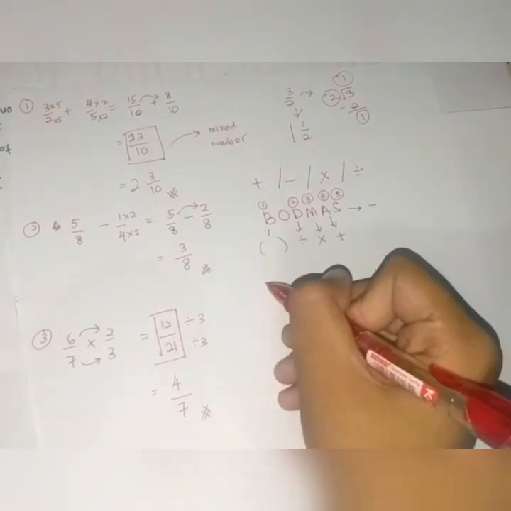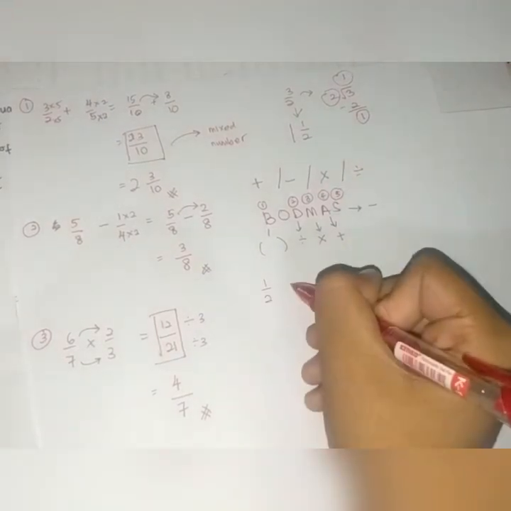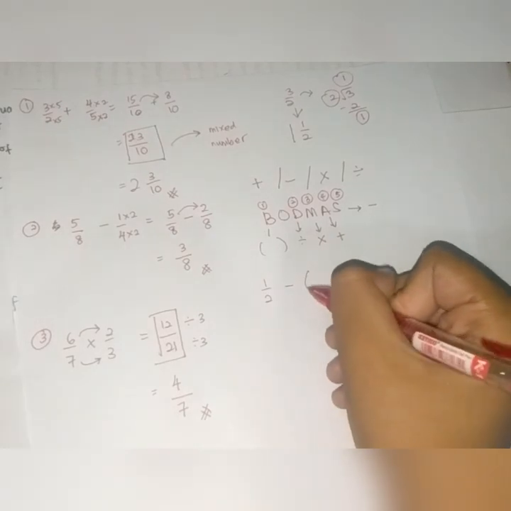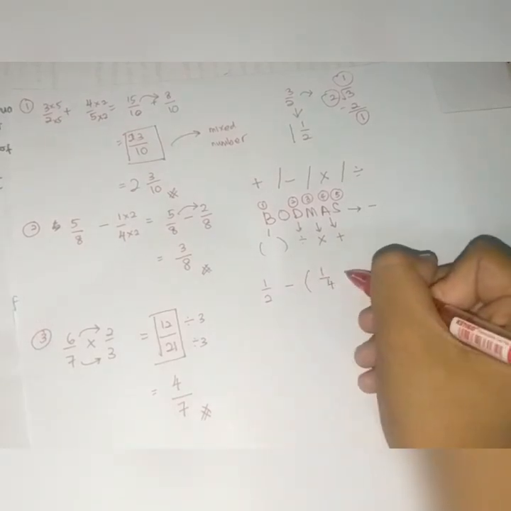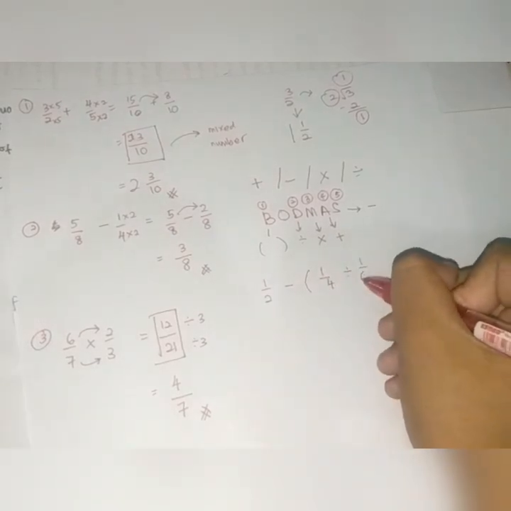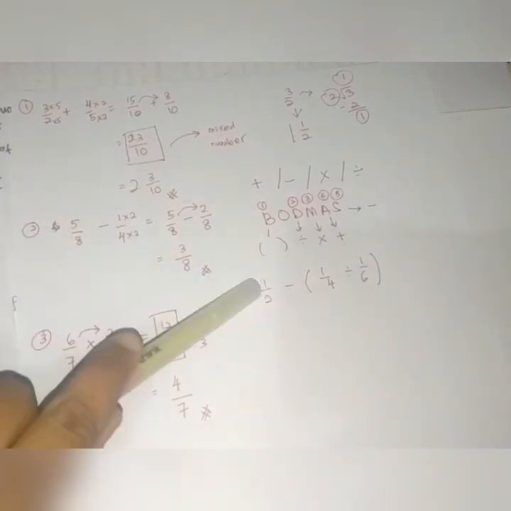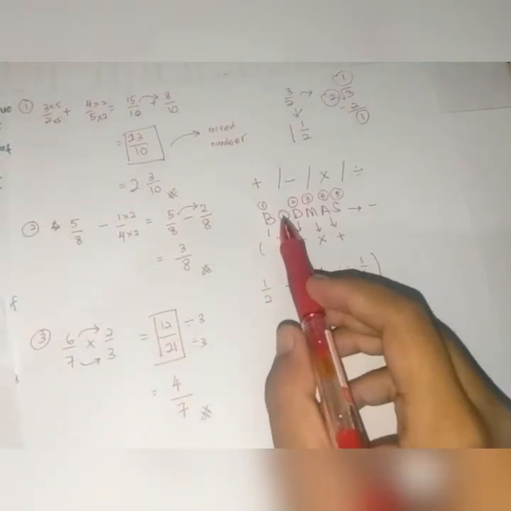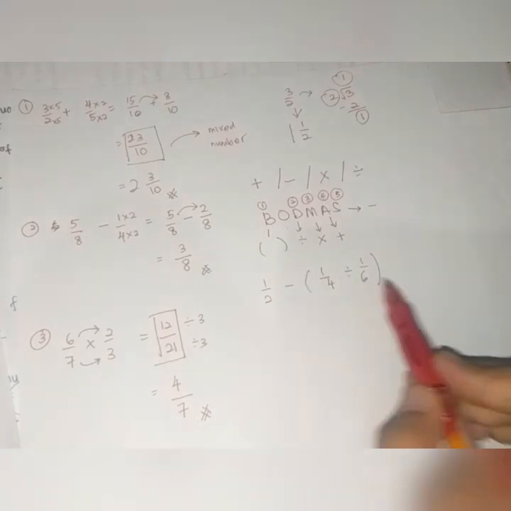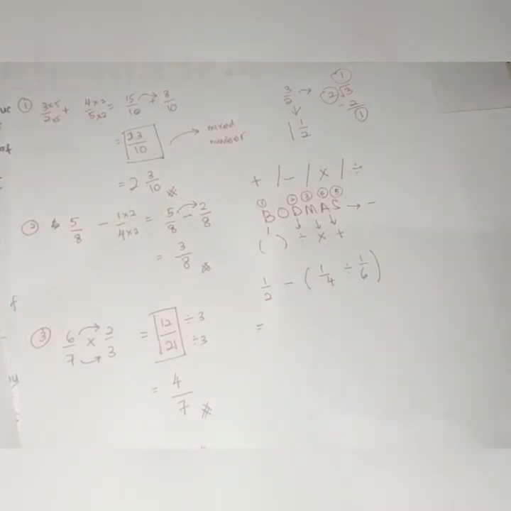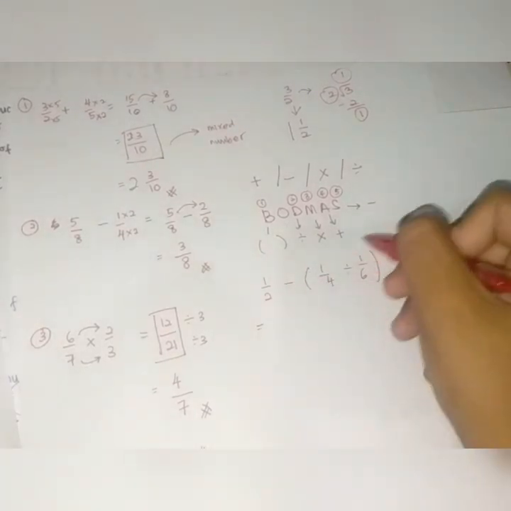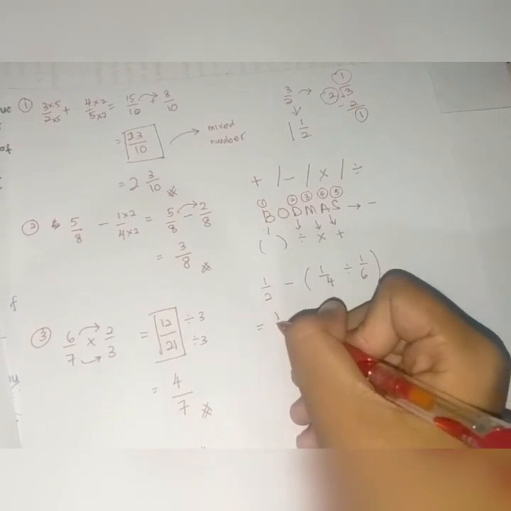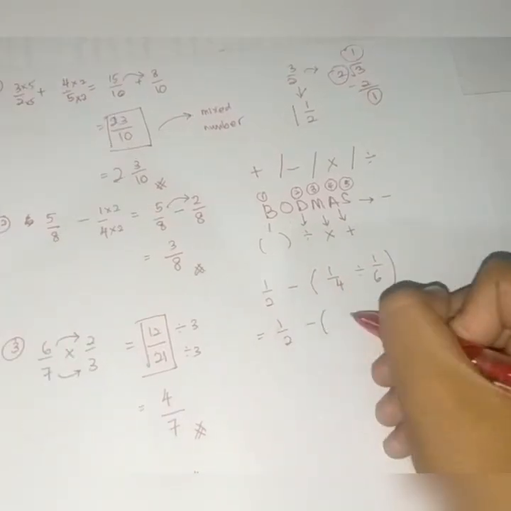Okay, for example, 1 over 2 minus with 1 over 4 divided by 1 over 6. When we see this question, we must follow the BODMAS rule. And the BODMAS rule states that the first one is bracket. So when we get this question, we must solve the part in the bracket. So just write again 1 over 2 minus.